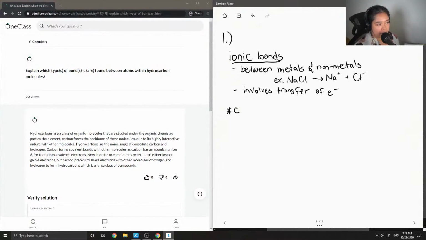But what are found in hydrocarbon molecules are covalent bonds. So you can think about this as the opposite of ionic bonds. Basically, it's between two nonmetals.